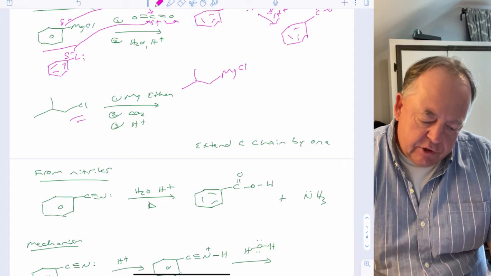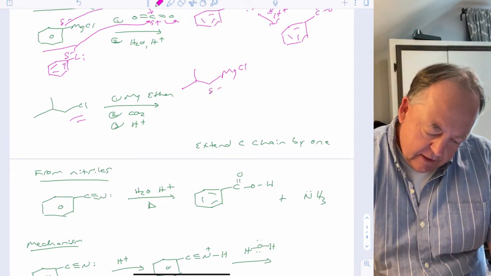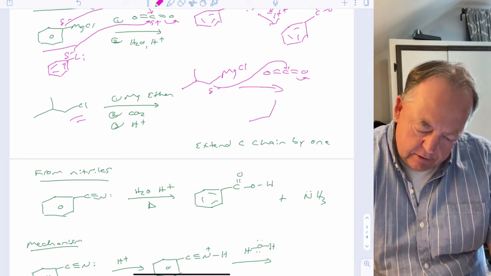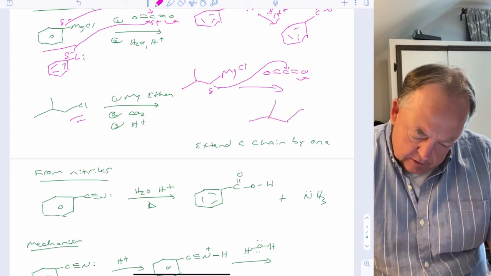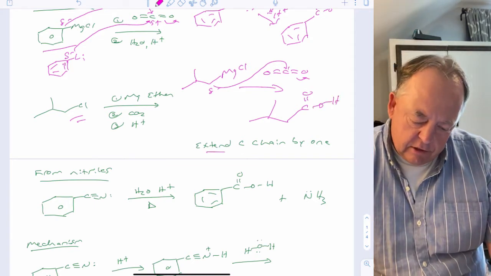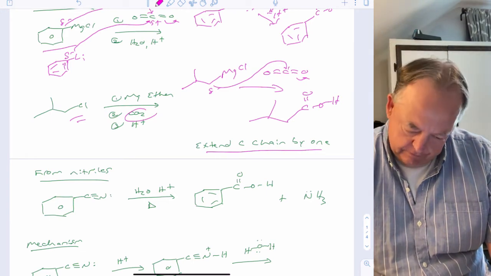So magnesium inserts between the carbon-halogen bond, and now that carbon's partial negative, so that would react with CO2. That carbon goes here, break that, and that would be your product. So if you notice, in this case, if you react it with CO2, you extend the carbon chain by 1.